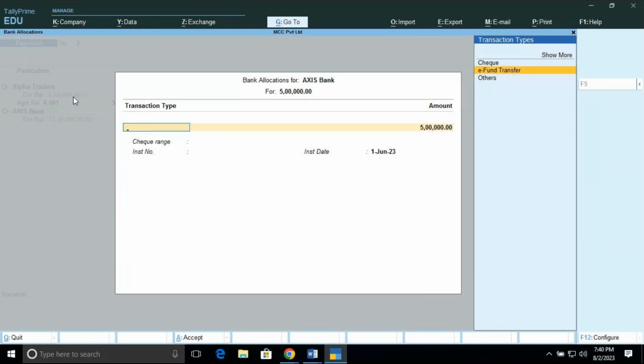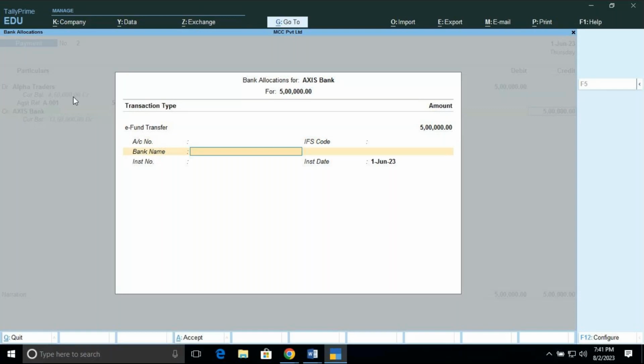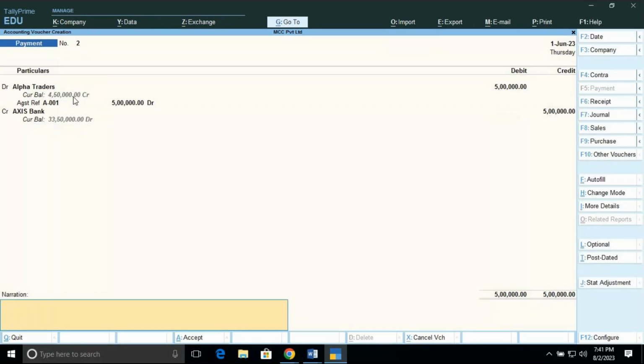If you're doing e-fund transfer, collect Alpha Traders' bank details, and enter all those things, the IFSC code and so on. An accountant has to capture maximum information, then only is a good accountant. Enter, page up.